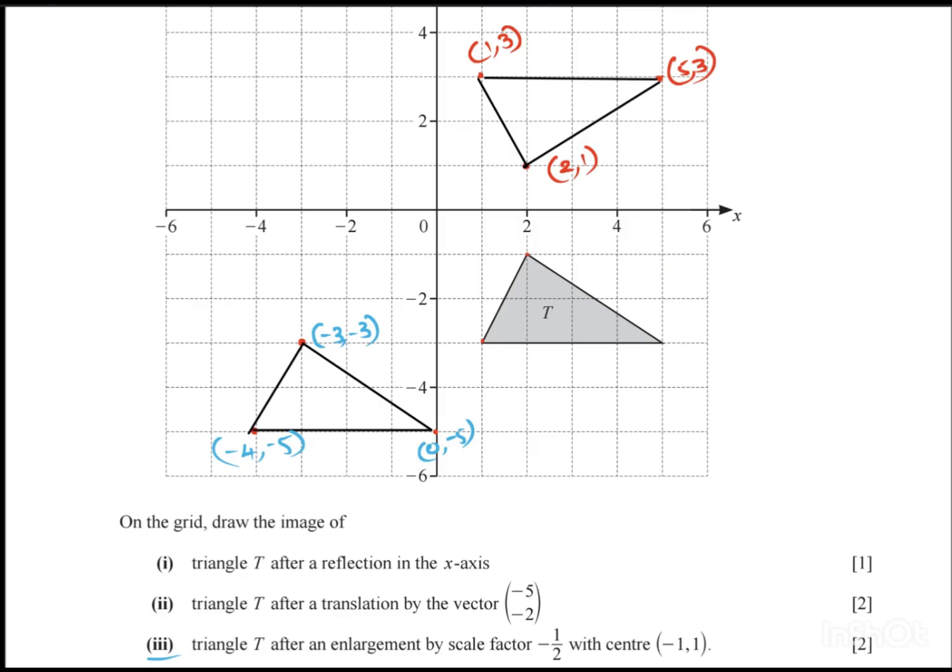Now third question, triangle T after the enlargement by scale factor -1/2 with center (-1, 1). Now it is an enlargement question, and it is a negative scale factor, so it should be on the opposite side of the center. So first let me mark the center here. (-1, 1) is the center. Now we have to check how the vertices are from this center, and we have to go half of it.